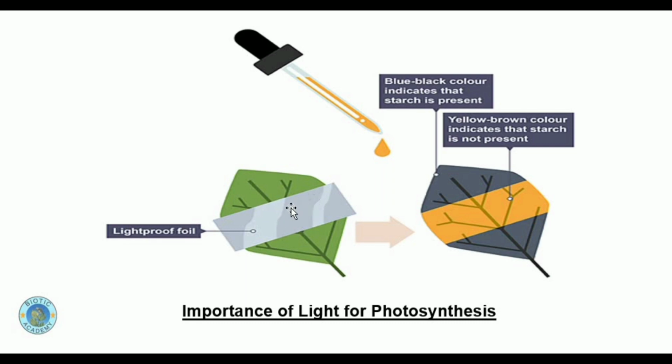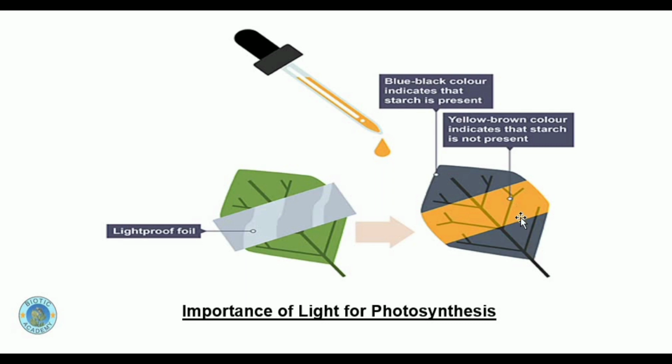We leave the leaf for, say, 10 hours, 5 hours, 7 hours, whatever time we decide to keep the experiment in. Then after that time, we remove this foil and test the leaf for the presence of starch. I told you how we check the presence of starch with the help of iodine.